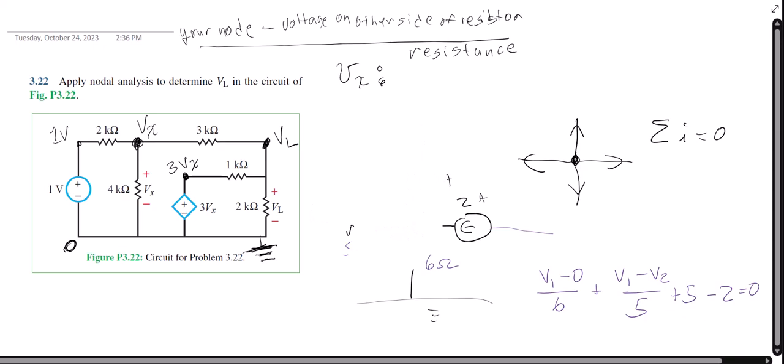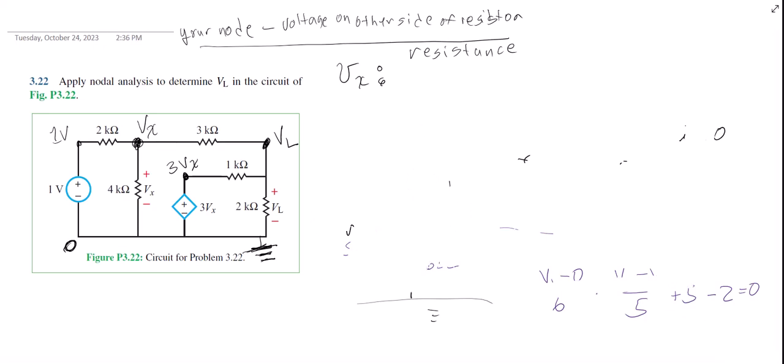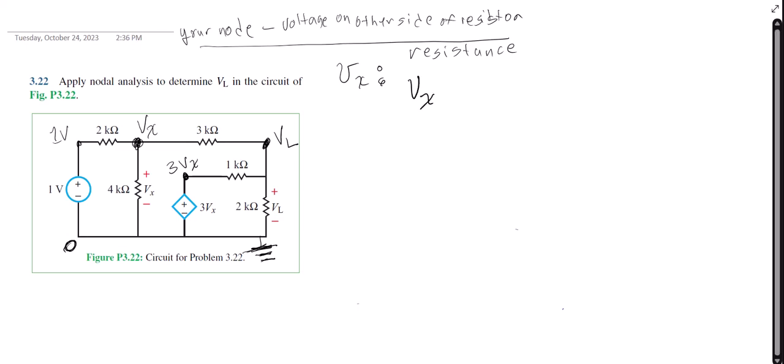All right, so now I'm going to write my node equation for Vx. I'll start by going to the right. So I'll have Vx minus 1 over 2k. And the 2k is just 2000.